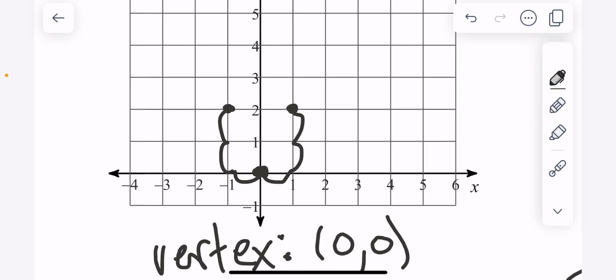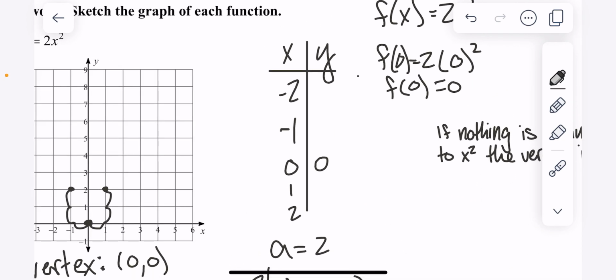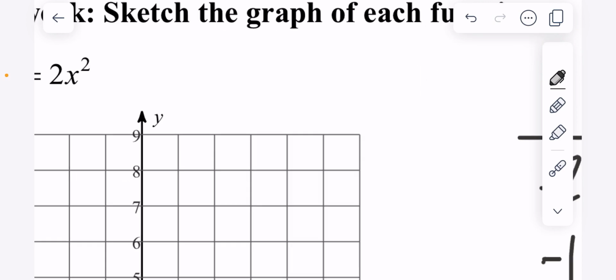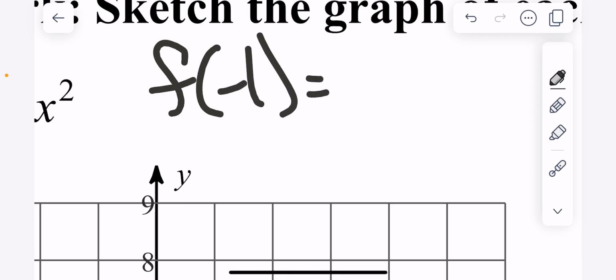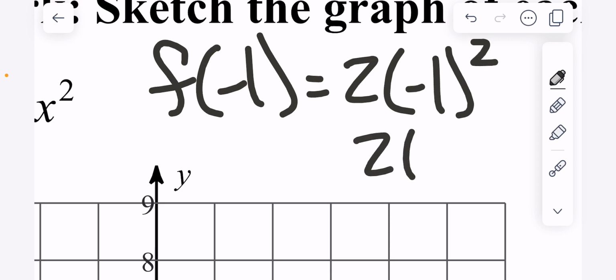Okay, so left, right, 1, rise 2. This same thing would happen if I plugged into the table. If I plug -1 in, I get 2 times -1 squared. Well, -1 squared is 1. 2 times 1 is 2.